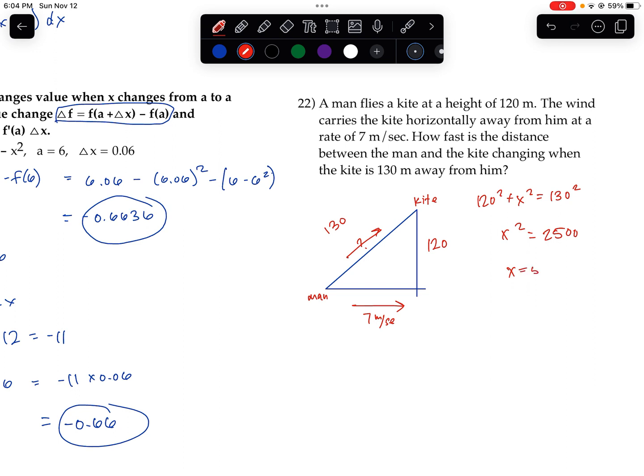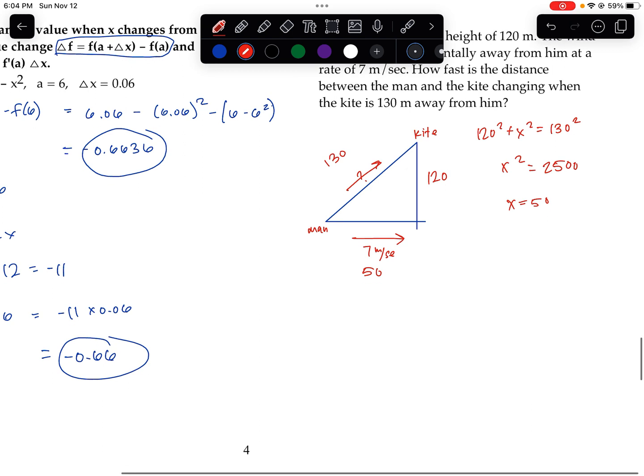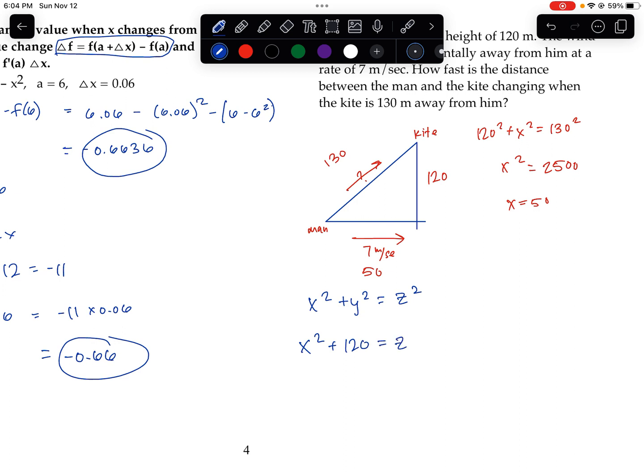So x is equal to 50. This 120 is constant right here. So I have x squared plus y squared is equal to z squared. That's how we're going to relate all these variables together. But y is constant, so x squared plus 120 squared would be equal to z squared.